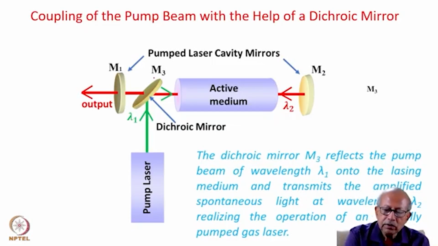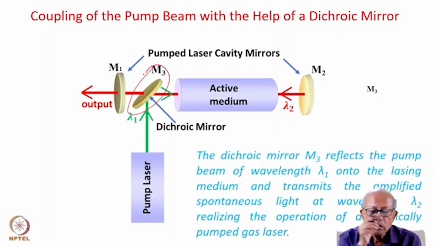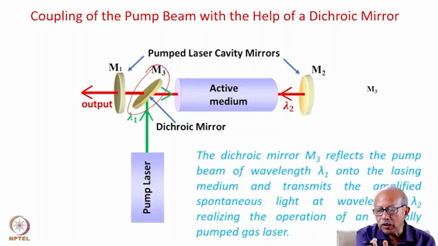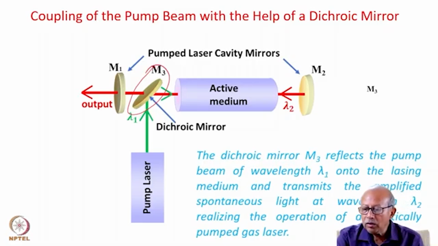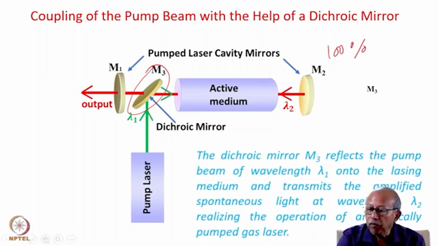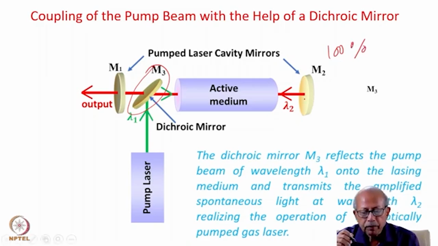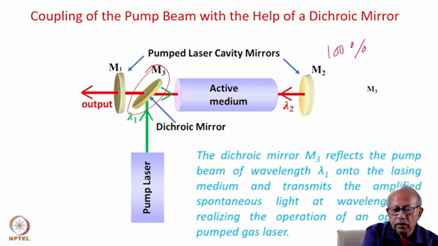This is your dichroic mirror, which you are using in the intracavity mode. This is the 100% reflective concave mirror, and this is the partially transmitting output mirror.